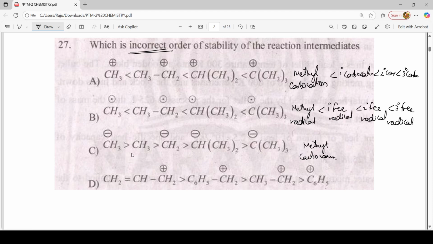We can observe there is some printing mistake in option C. If it is ethyl carbanion, that is fine, but between methyl and CH2 minus there is a greater than symbol. Methyl carbanion is more stable than the primary carbanion. This is more stable than the secondary carbanion, and this is more stable than the tertiary carbanion.